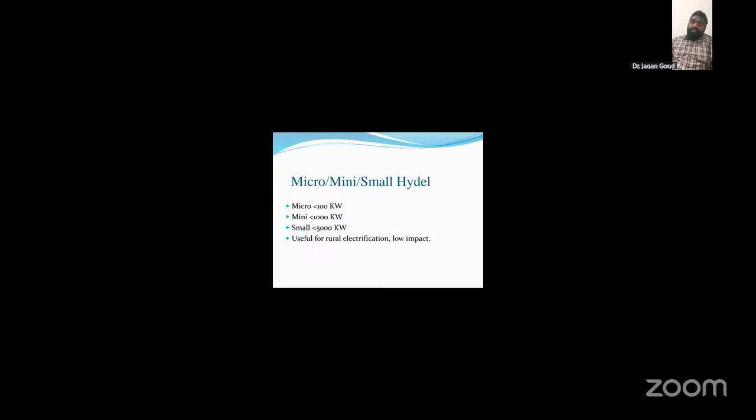General features of small hydel systems are: they utilize small rivers and streams, canals, or irrigation channels. They often operate as run-of-river plants with minimal or no storage, require simple civil works and smaller turbines, and are suitable for remote or hilly regions.